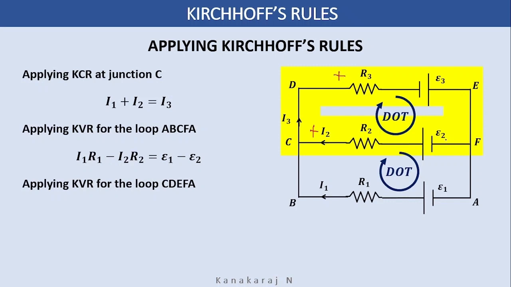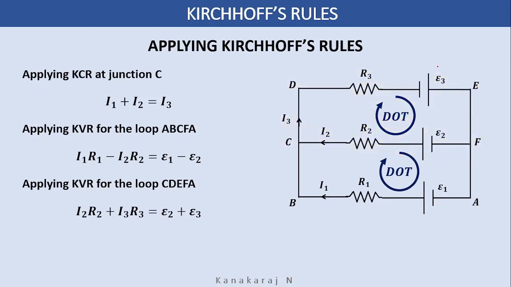Look at epsilon 2. The direction of traversal is from negative terminal to the positive terminal of the EMF, so epsilon 2 is positive. Look at epsilon 3. The direction of traversal is from negative to positive terminal, so epsilon 3 is positive. So look at the equation: I2R2 plus I3R3 equals epsilon 2 plus epsilon 3.